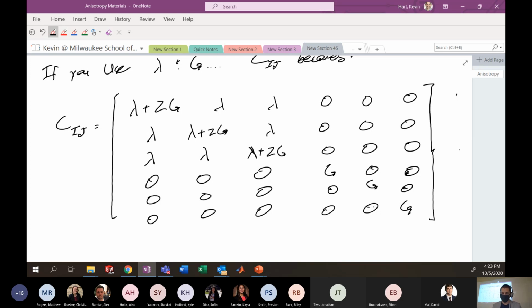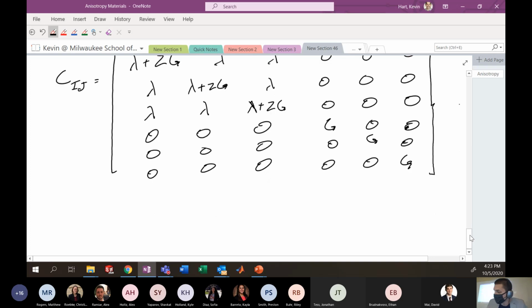But the way that we're going to do it is we're going to utilize planes of symmetry, planes of isotropy, to say, okay, if I've defined the stiffness in this direction, that means I only need that one variable to define the stiffness in all these other directions because of this isotropy or symmetry that we have. Okay? So here's your general stiffness matrix for an isotropic material. So here we have only 2 independent constants.